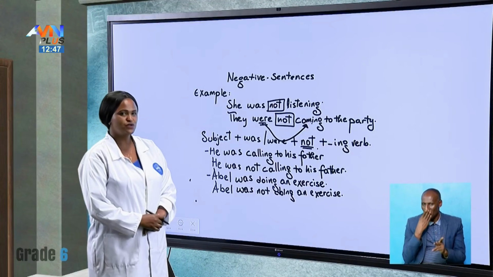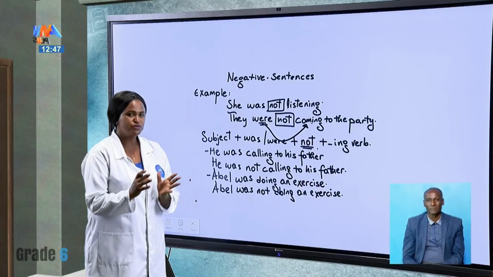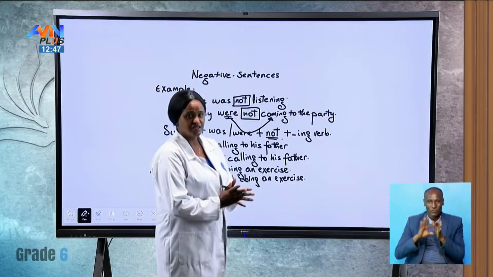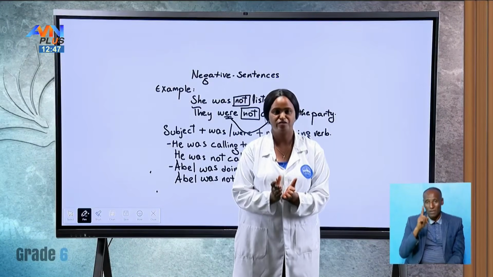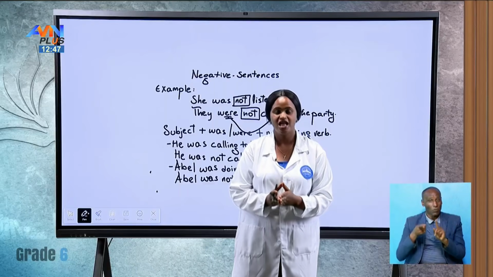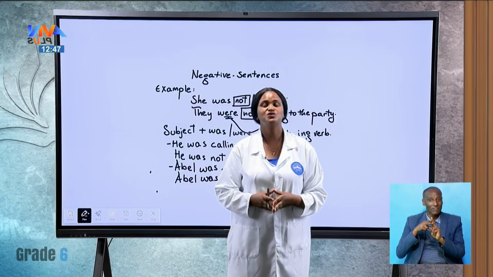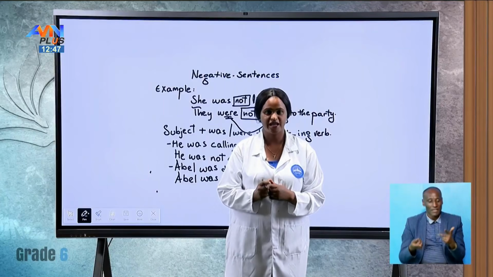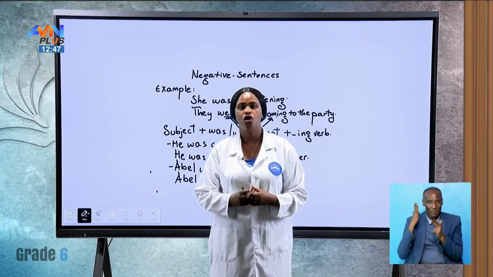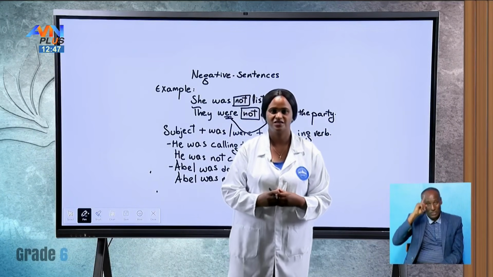Excellent. Now, so far we have seen the two forms of sentences, right? One is the affirmative or positive sentence, and next is the negative sentence. Now we're going to see the third type, that is interrogative or question sentences. Follow me.